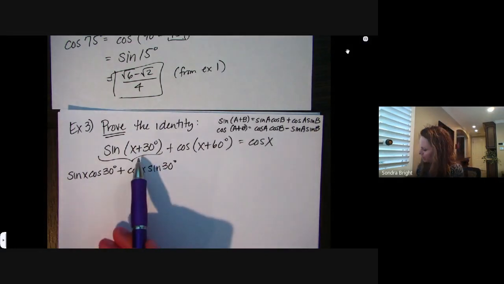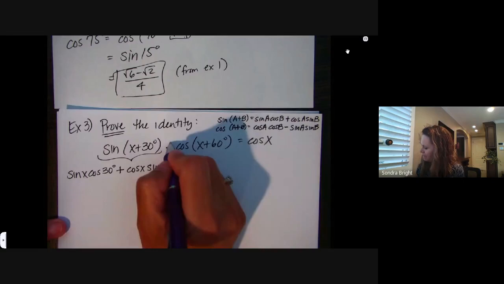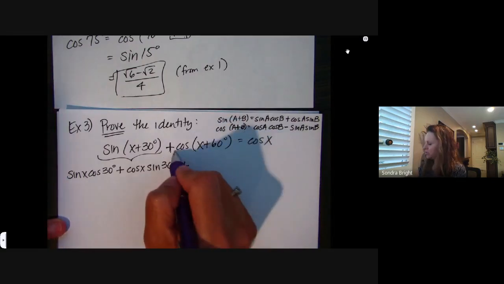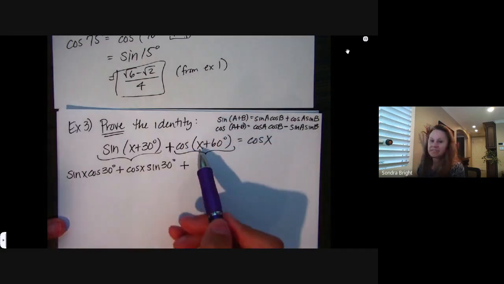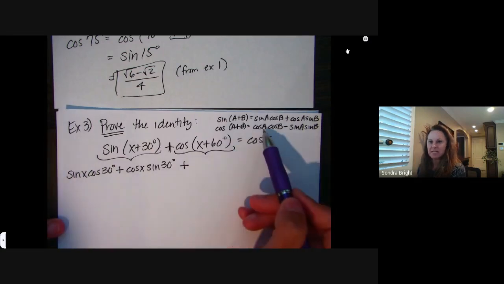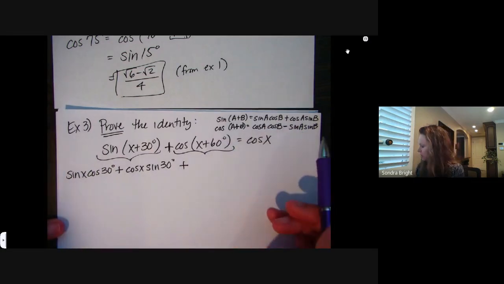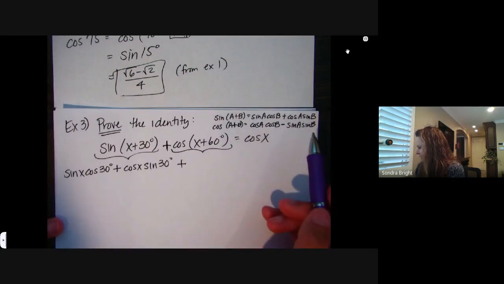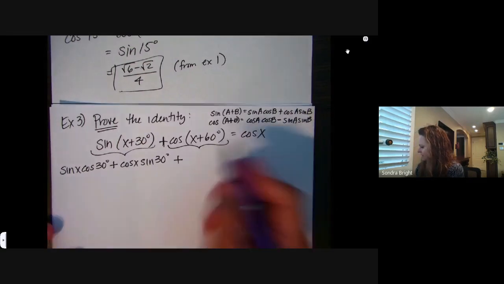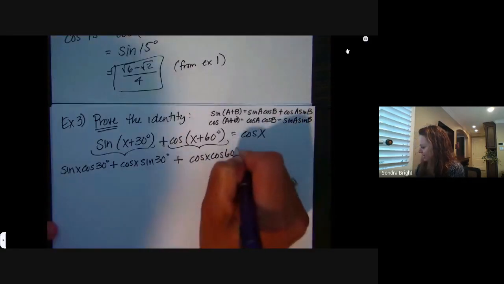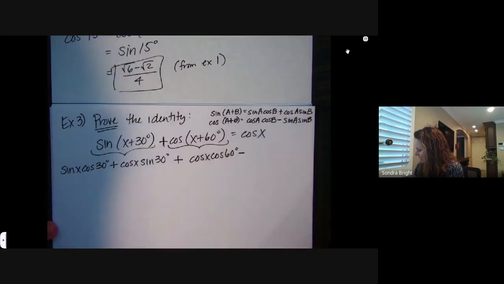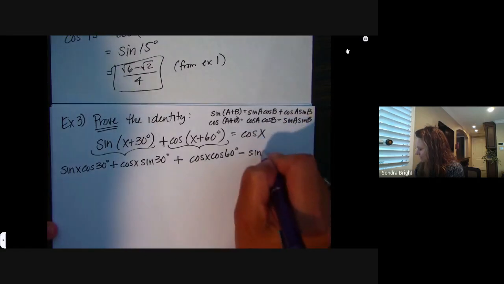Now we have a plus sign, and then I'll do this guy, which is cosine of a plus b, and that takes on a cosine, cosine, sine, sine, change the sign in the middle. So cosine of x times cosine of 60 degrees, change the sign, and it's sine of x times sine of 60 degrees.